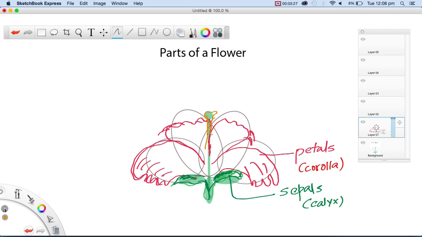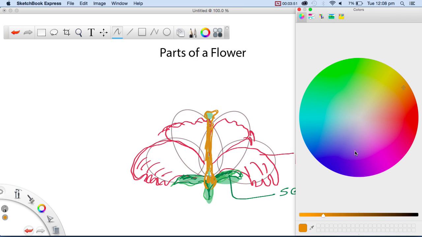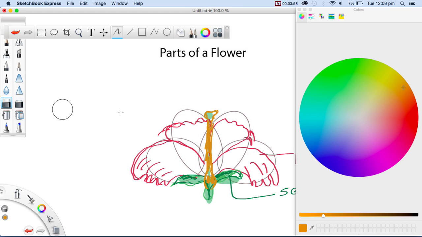The stigma is like a tube, it goes all the way down, and here also held by the sepals is the ovary. So this is like a hollow tube. Should make it hollow.